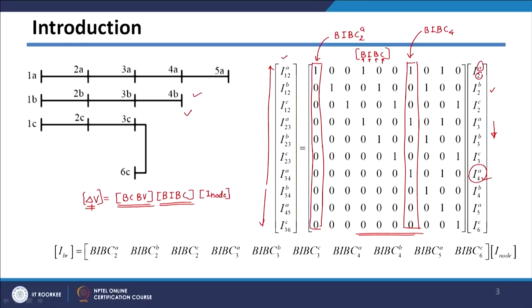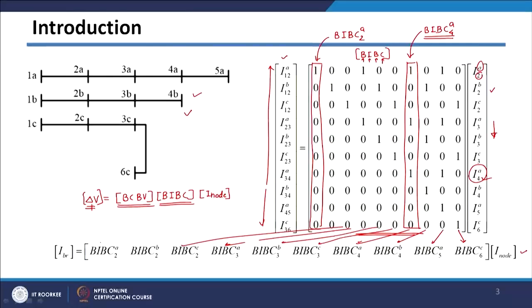So, 4 comes as the subscript, and since it is again corresponding to phase A, A comes as the superscript. So, I call this column BIBC subscript 4 and superscript A. Like this, if you write for all the columns, you will get a matrix like this, where various columns correspond to various columns of this matrix.